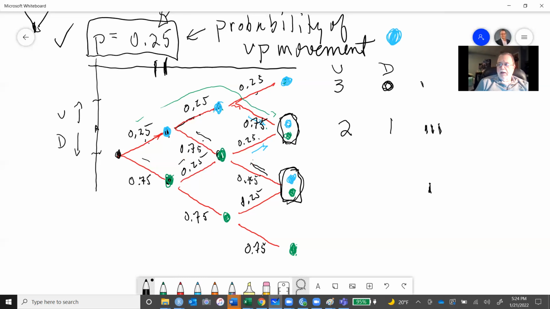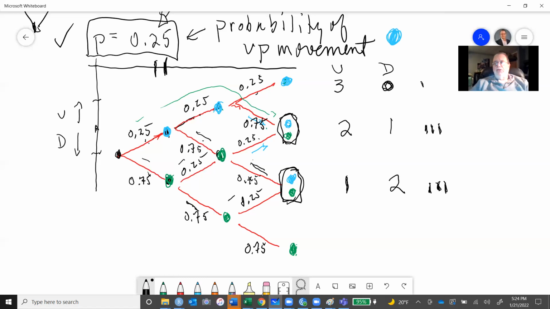It's another way of getting there. I hope you see some symmetry going on here. We can go down, down, and up again. Another way of getting there. In each of those ways, it's 2 downs, 1 up. 1 up, 2 downs, down, up, down. It's going to be 1 up and 2 downs.